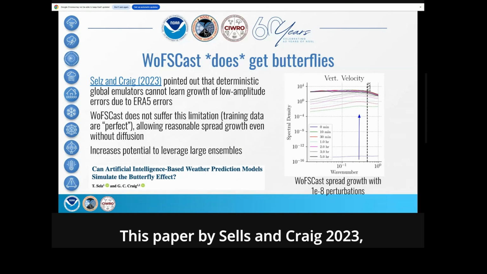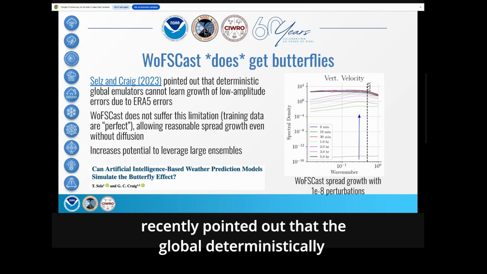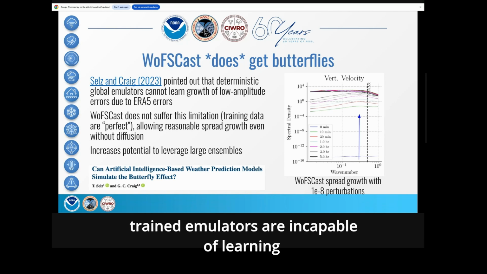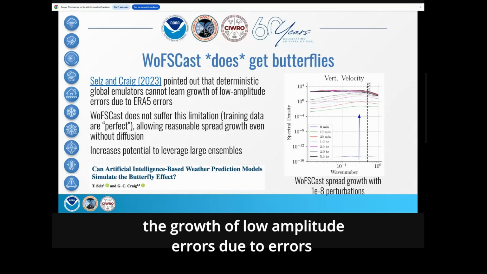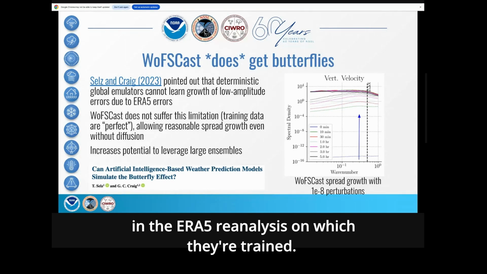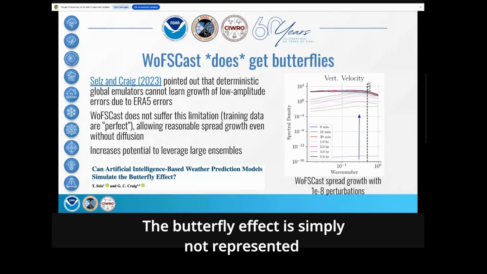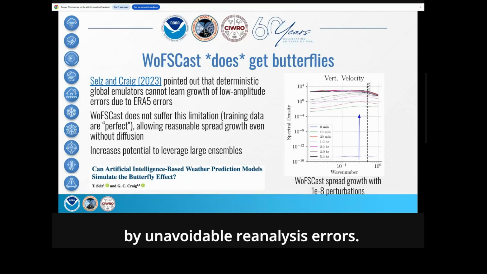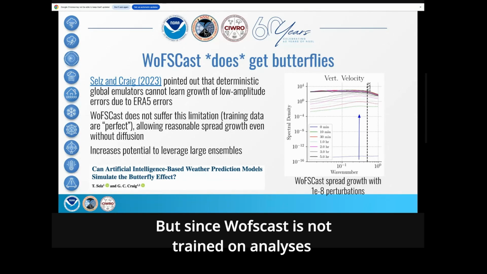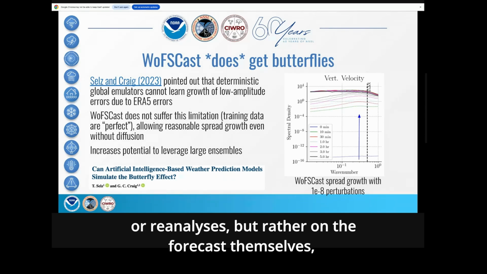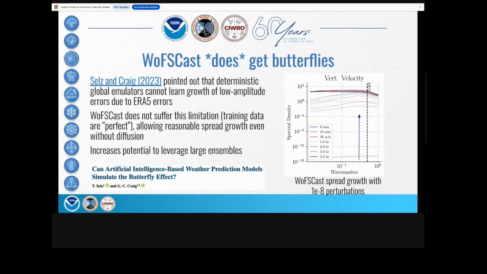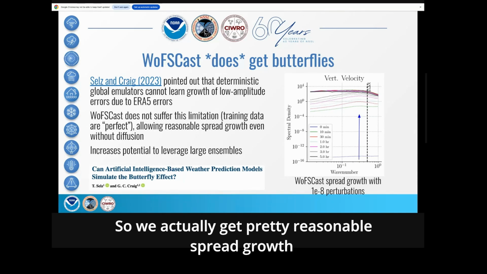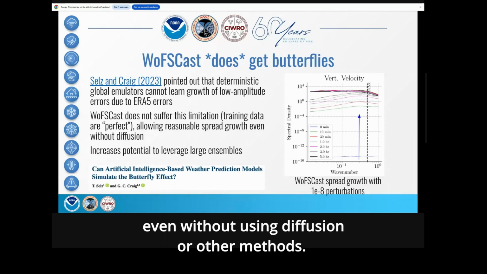This paper by Selz and Craig 2023 recently pointed out that the global deterministically trained emulators are incapable of learning the growth of low amplitude errors due to errors in the ERA5 reanalysis on which they're trained. The butterfly effect is simply not represented in the ERA5. It's dominated by unavoidable reanalysis errors. But since WoFSCast is not trained on analyses or reanalyses, but rather on the forecasts themselves, it does not suffer this limitation. So we actually get pretty reasonable spread growth, even without using diffusion or other methods.